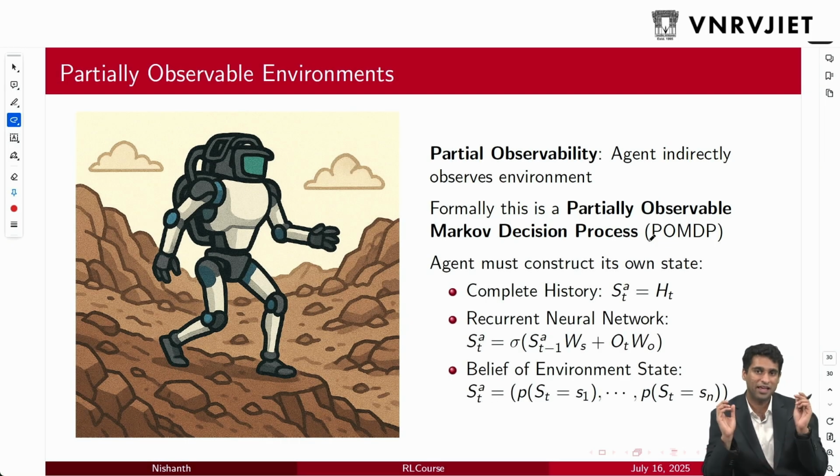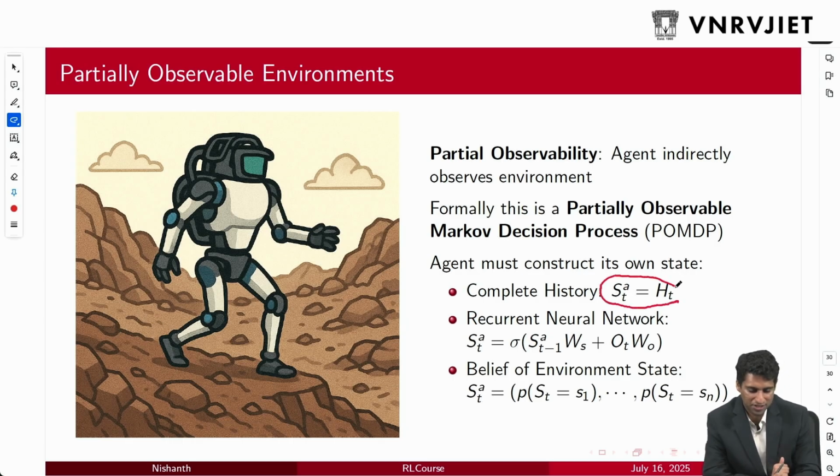So wherever we have a partially observable environment, the agent is required to construct some representation of the state, which is enough for it to solve the task, right? So this is the approximation part that I was talking about. Now, the naive thing that we can do is that the agent can consider the entire history to take its next action, right?